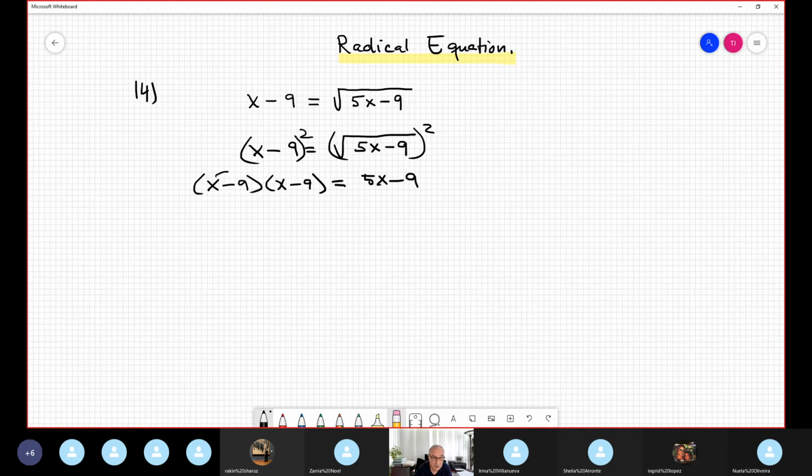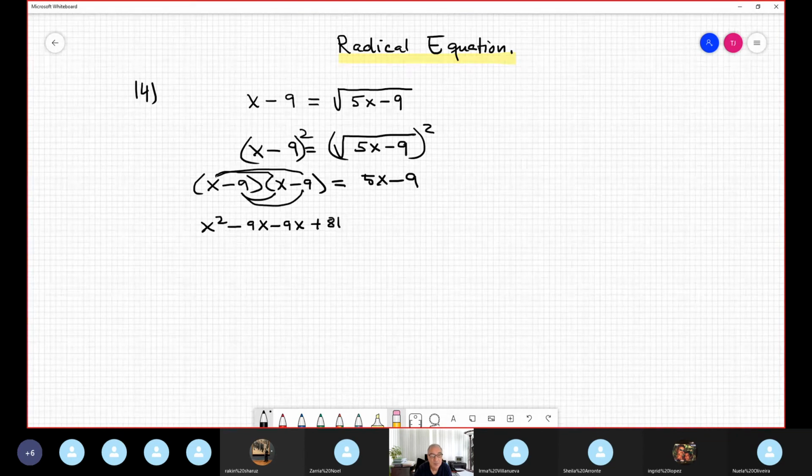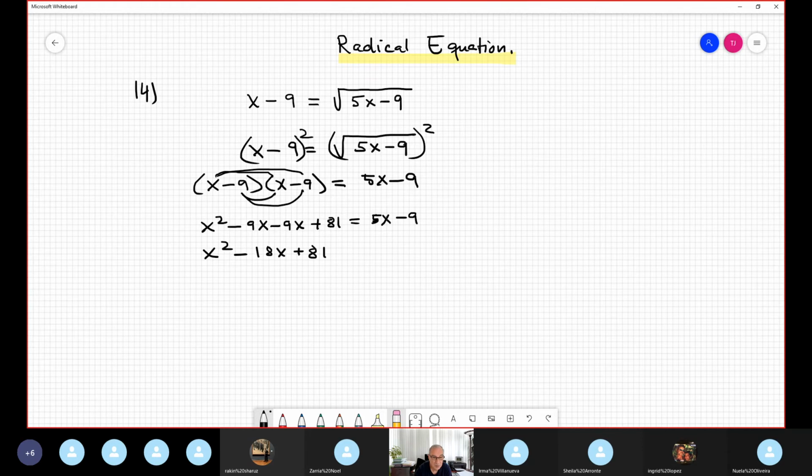Now you FOIL. x times x is x squared, minus 9x, minus 9x again, plus 81, equal to 5x minus 9. We combine like terms. x squared minus 18x plus 81 equals 5x minus 9. So I realize one more time that we have a quadratic equation.